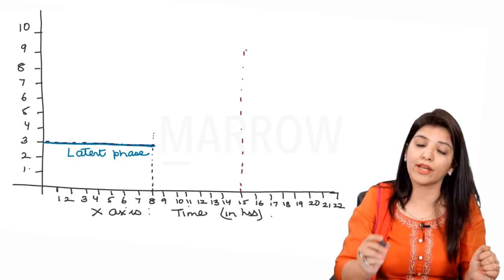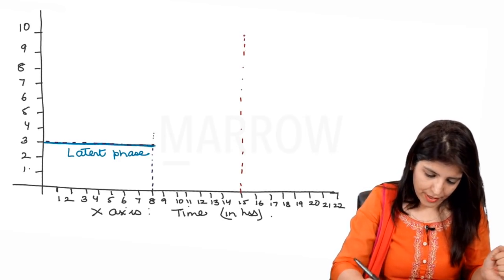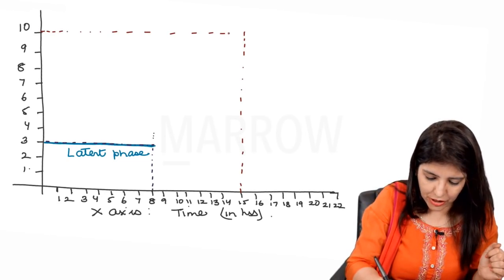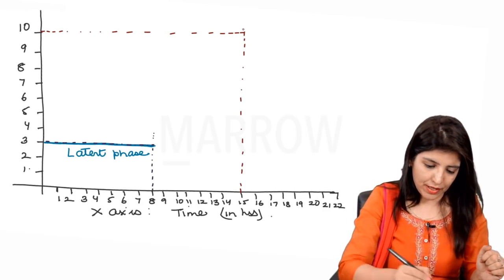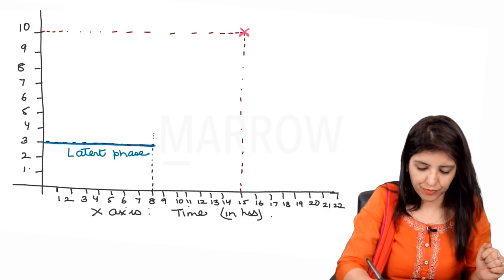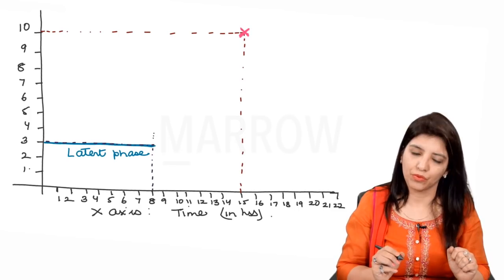So I am drawing a dotted line up from 15 hours. And I am drawing a dotted line from 10 centimeters. Where both these lines are crossing, I am marking it with X. Both these lines where they meet, you mark it with X, right?